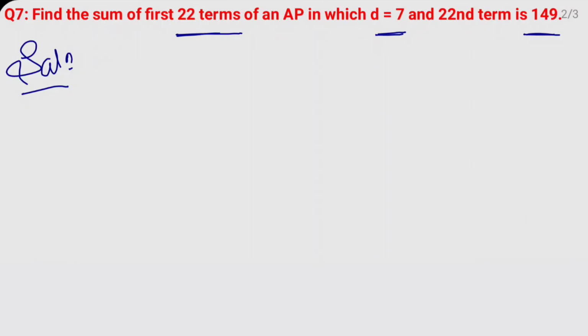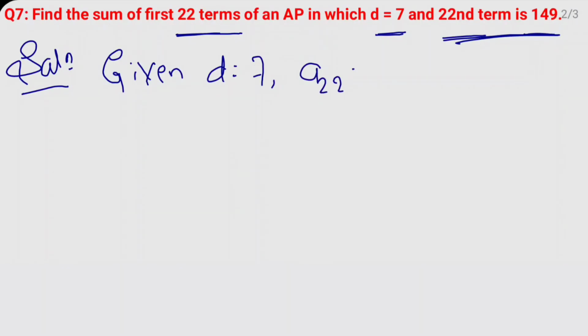Solution: given d equals 7 and they gave the 22nd term is 149, meaning a22 is 149, and they asked to find the sum of the first 22, meaning S22.